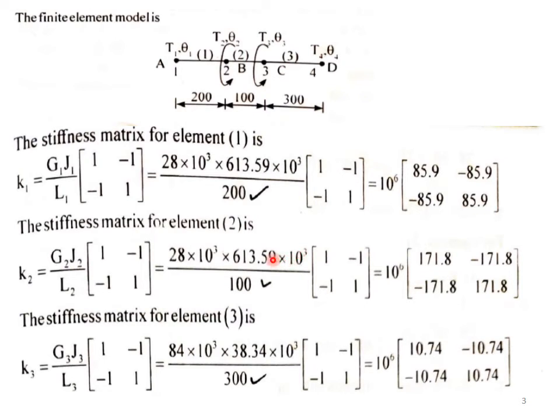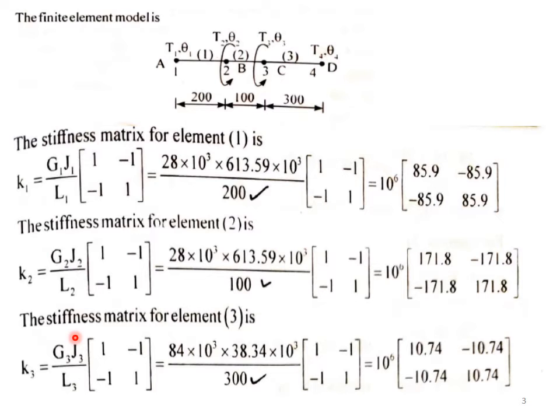Next, the elemental stiffness matrix for element 2, K2 equal to G2 J2 by L2 times [1 -1; -1 1]. Same values, but the only difference is the length: the length of element 1 was 200, the length of element 2 is 100 mm. Upon substitution, we get 10 power 6 times [171.8 -171.8; -171.8 171.8].